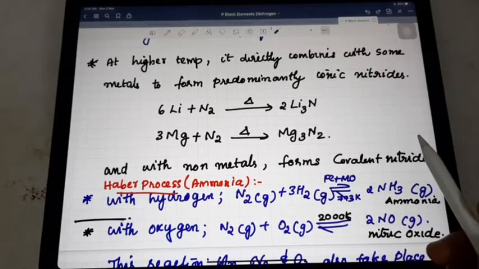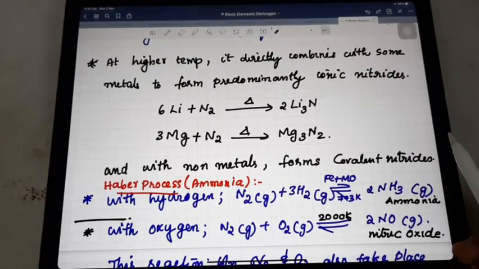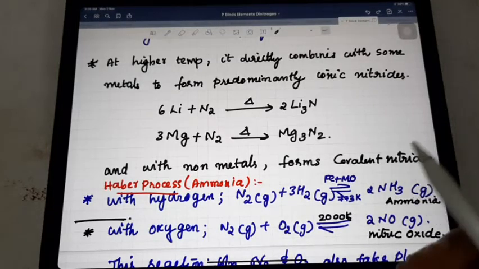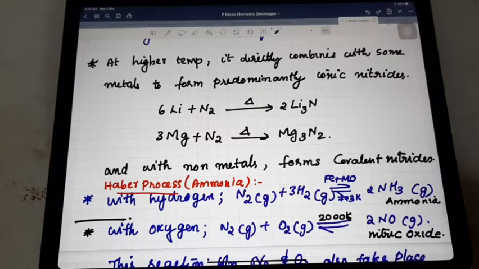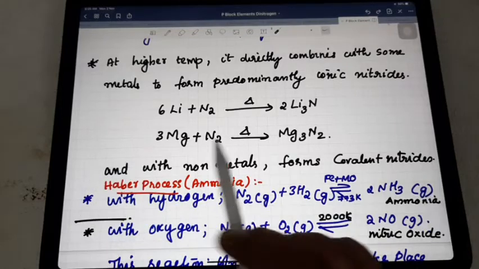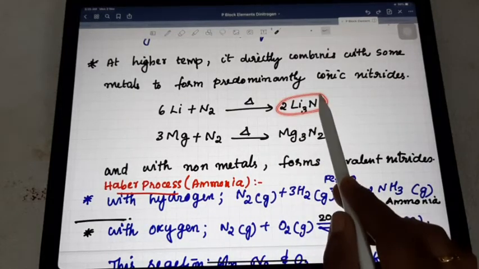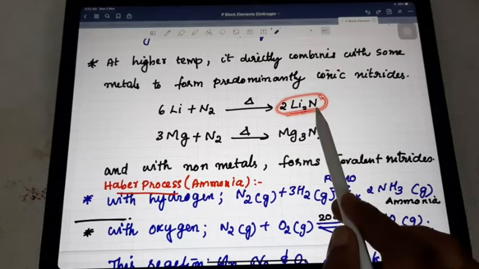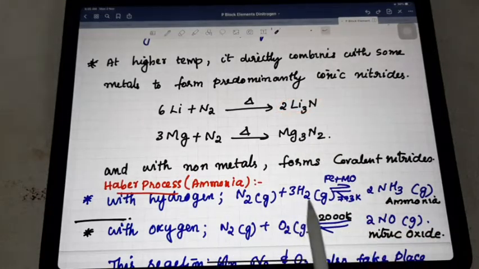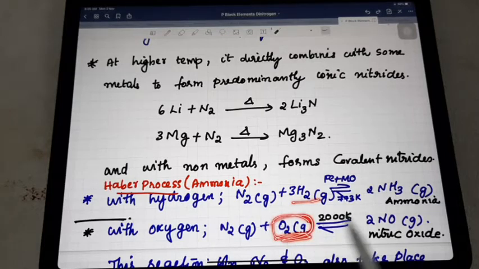Lithium, sodium, potassium and so on belong to the metal section, while oxygen, nitrogen, fluorine and so on belong to the non-metal section. When it reacts with a metal, it results in an ionic bond; ionic bond and covalent bond, you studied all that. So ionic nitrides. Then with non-metals, here oxygen, you will get covalent nitrides.